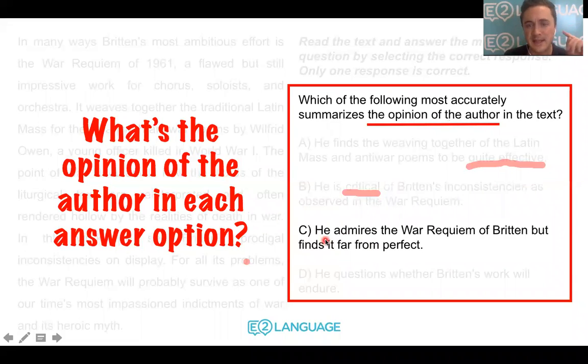Let's look at the next one. Okay, the next one says he admires the war requiem of Britain, but finds it far from perfect. So what's his opinion in this one? Fantastic. Yes, you guys are starting to get it. It's good to see. Yes, yes, yes. Okay, I won't stay too long in this one.